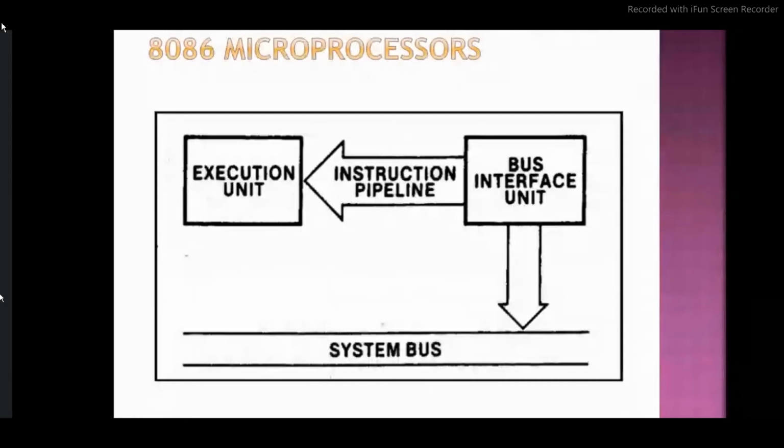So the bus interface unit is responsible for the pipeline architecture of the 8086 microprocessor, and it connects different buses or units to this architecture.